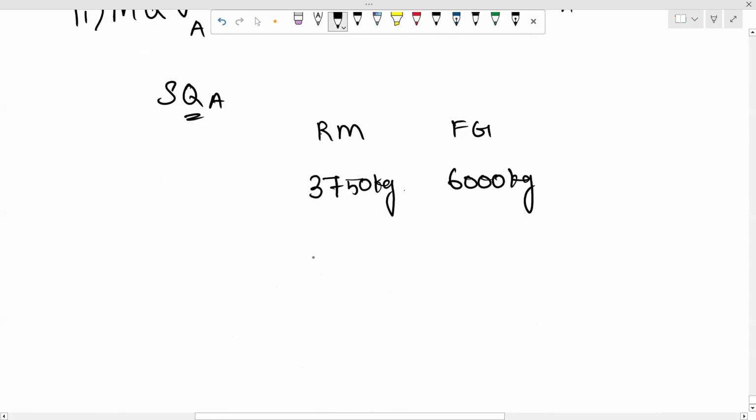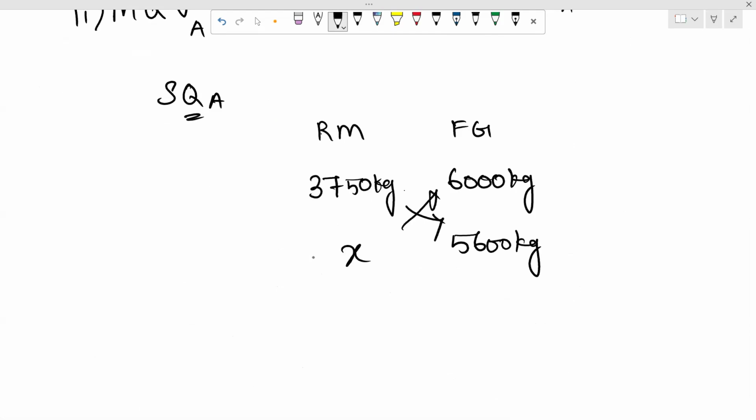So in order to produce 5,600 kg of finished goods, how many kg of raw material A should we have consumed? So 5,600 into 3,750 divided by 6,000, we get 3,500 kg. So this is the standard quantity of raw material A for producing 5,600 kg of finished goods.